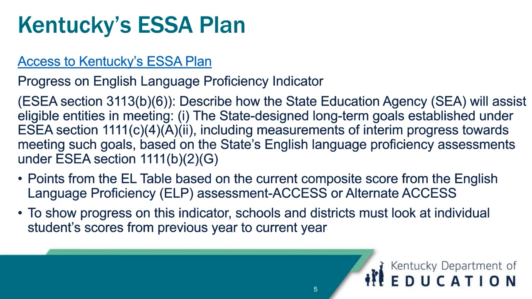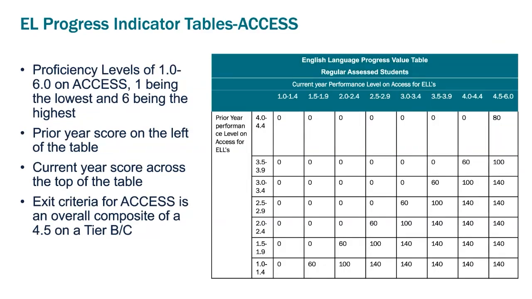So let's start with status, because with our plan, with ACCESS, we have to start with our tables. Once we get our scores back, you look at those particular scores, your overall composites for your students from previous year to current year.